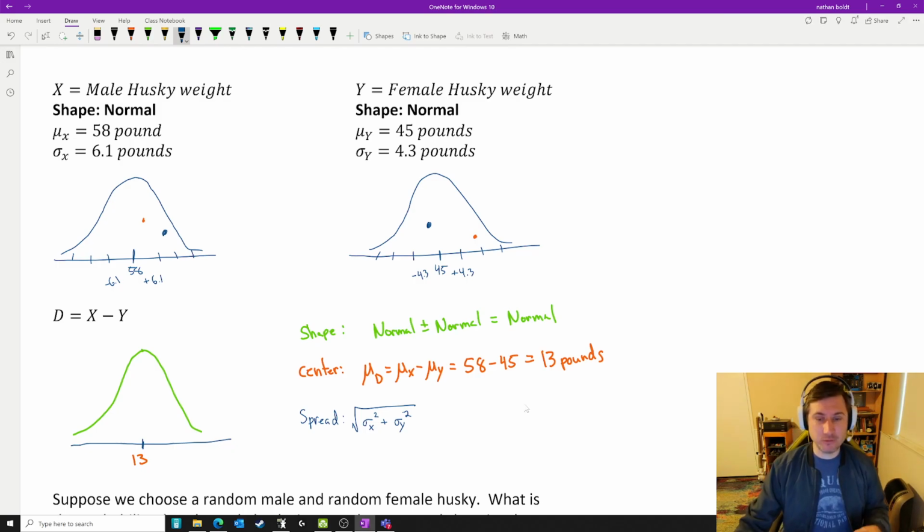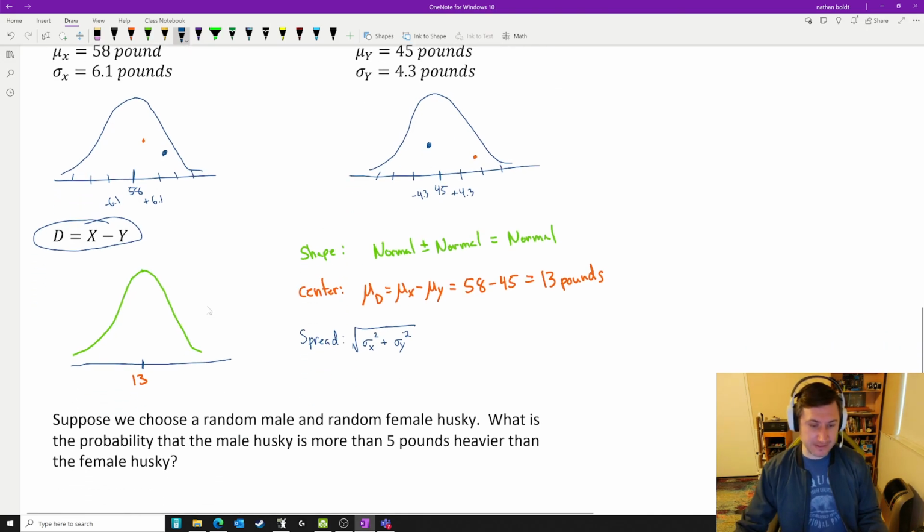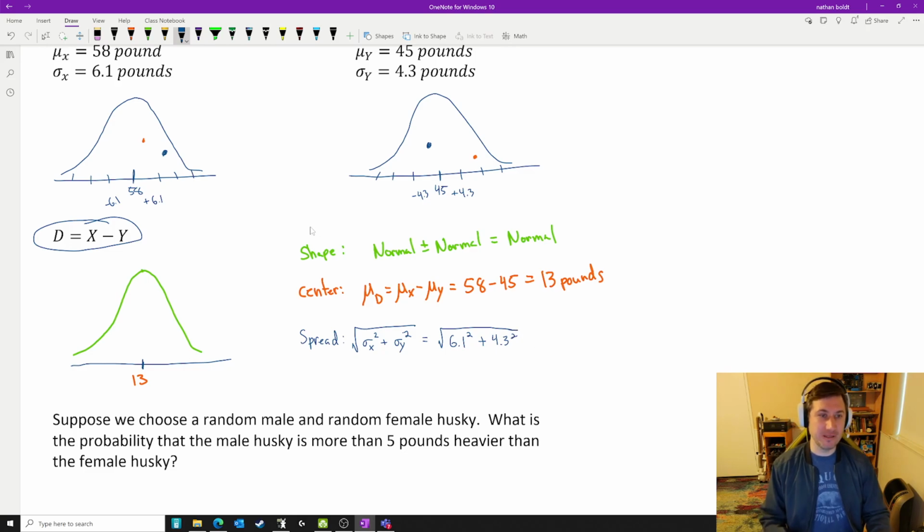Even though this is a subtraction problem, all right, I'm with you, it's a subtraction problem, we still add the variances. It still becomes more spread out because we're taking two random things and combining two random things. So the square root of 6.1 squared plus 4.3 squared. That is going to be our spread.